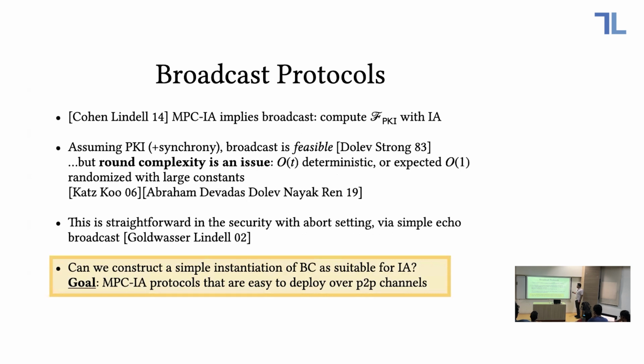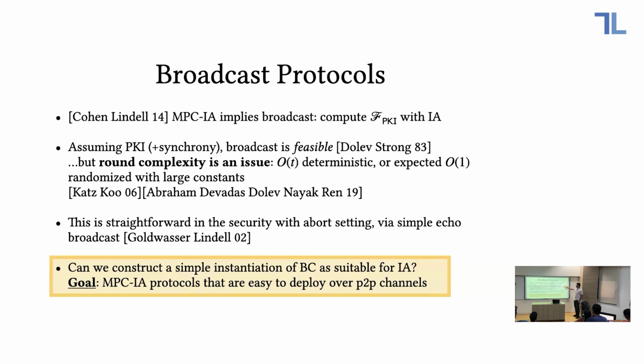Okay, so what about just using a broadcast protocol to instantiate the channel? Because this is also a whole separate line of study. So Cohen and Lindell showed that MPC with identifiable abort implies broadcast, intuitively because once you have a public key infrastructure, a PKI, you can use standard protocols from the 80s, like Dolev-Strong is a simple one, to realize broadcast, right?